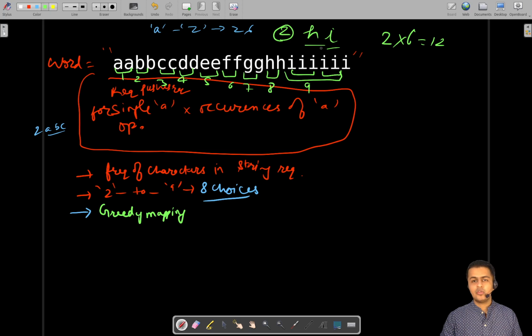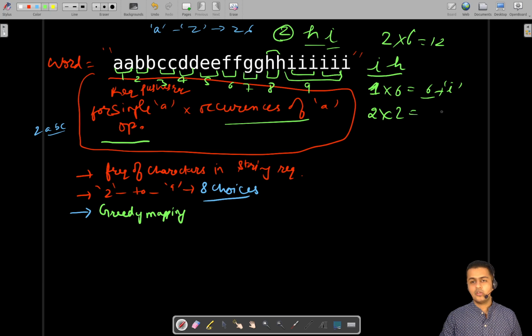As opposed to that, let's say we have done the mapping the other way, I and H. Then I's contribution would have been 1 into 6, which will be 6. And H's contribution here would have been, H requires 2 presses to get to H a single time, and the number of occurrences of H here is 2.